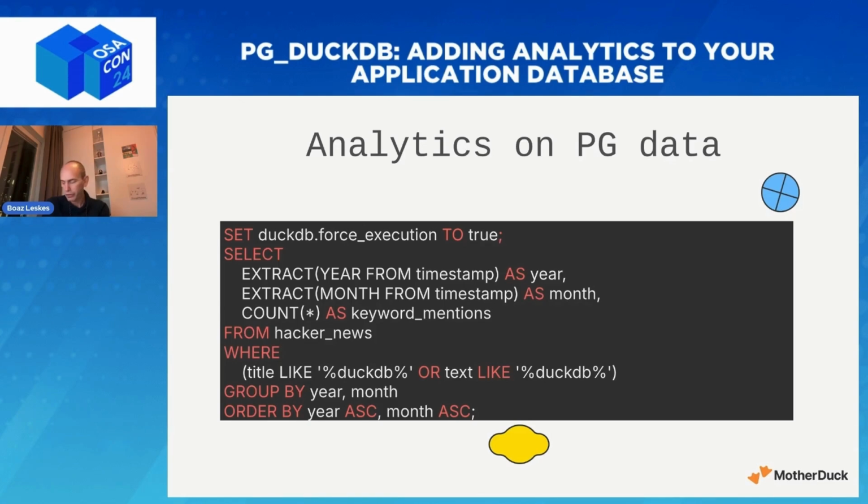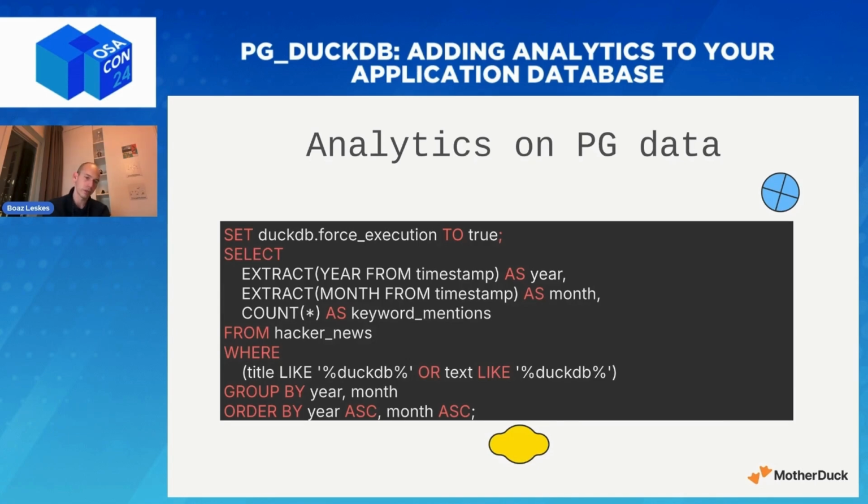So just a few examples. Say you have a Postgres table called Hacker News, where you store all the comments on Hacker News, or at least all the titles and the text, and you want to know how many posts mention DuckDB on a per year, per month basis. That's an analytical query, and here's how you'd write it using DuckDB.